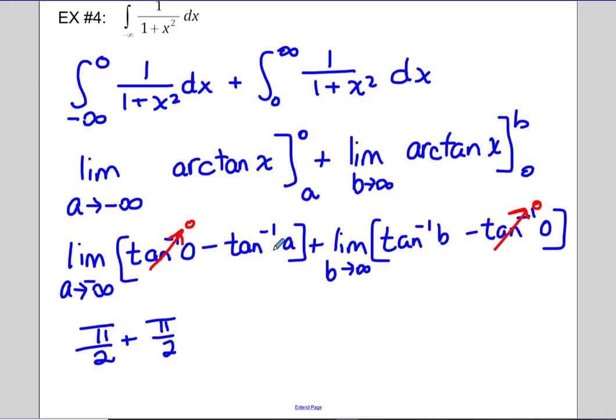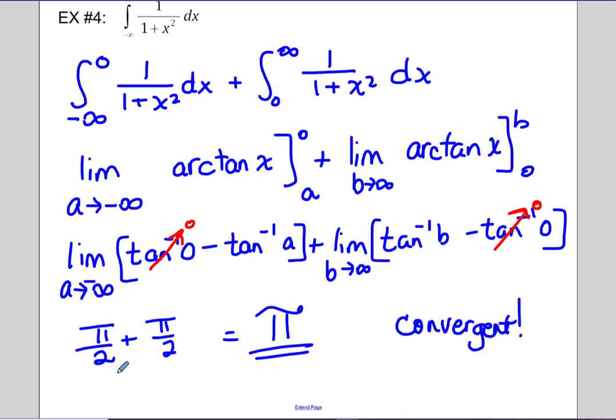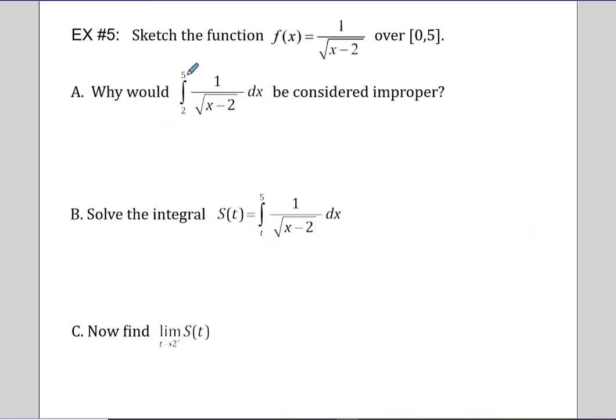The tan inverse at infinity, the angle for tan inverse is going to approach pi over 2 in both cases. So we have a convergent limit here. This improper integral converges. It's bounded. We've got an area.